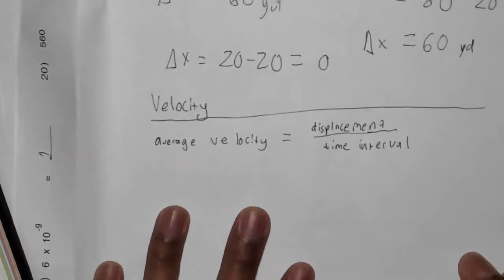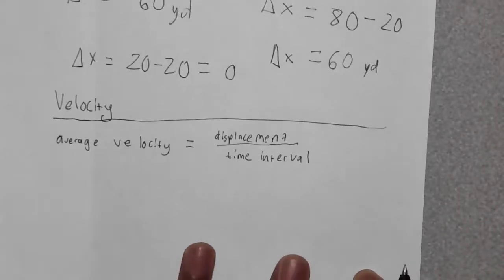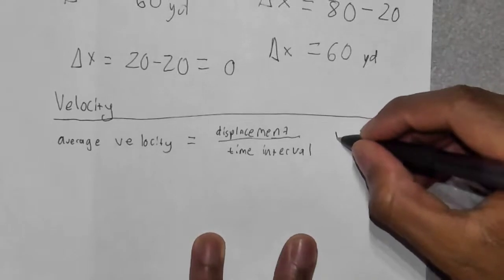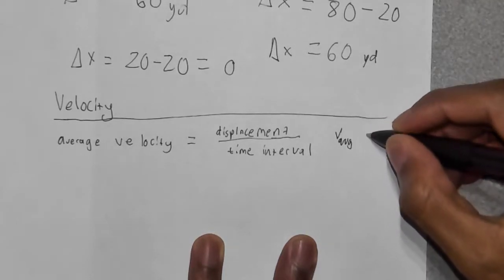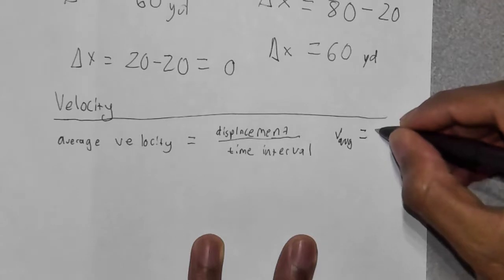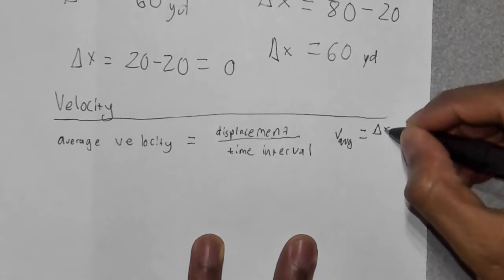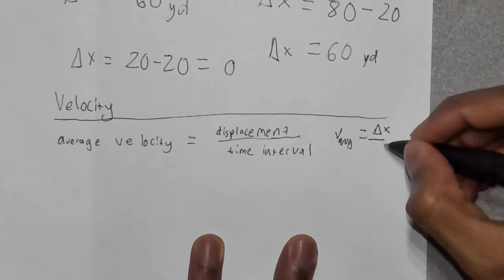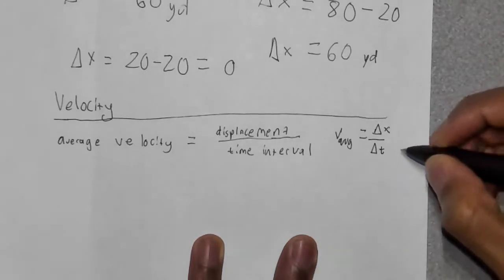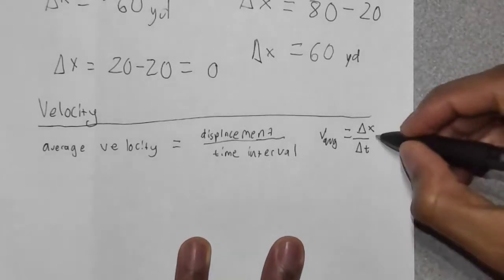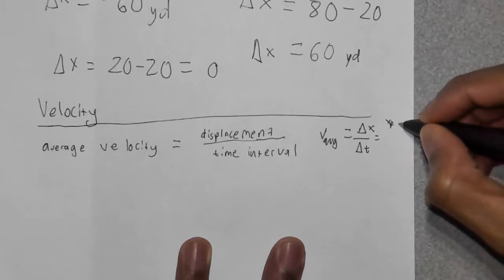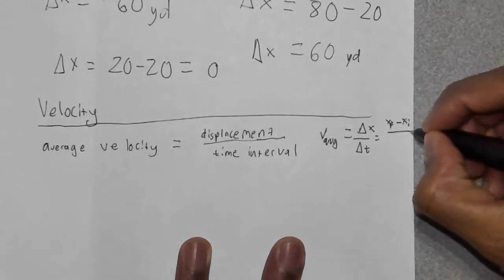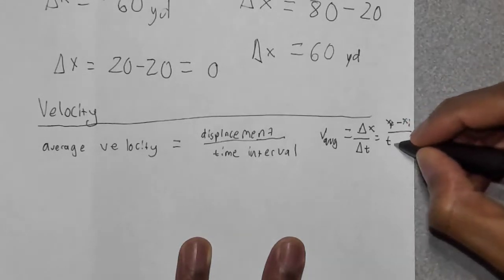So symbolically, you'll write v sub av equals delta x over delta t, which just equals change in position over change in time.